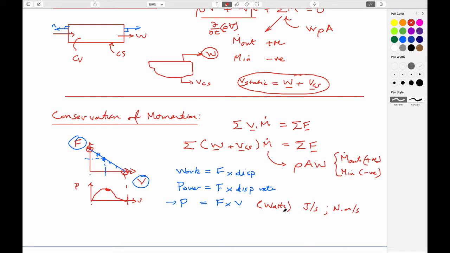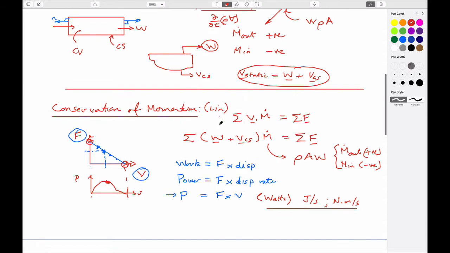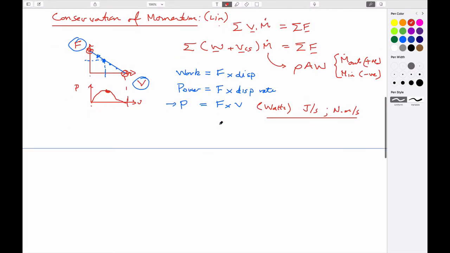So you just have to be aware of the units that would be applied. So that's conservation of linear momentum. If we then turn our attention to look at conservation of rotational momentum, then that is for something that is moving around an arc.